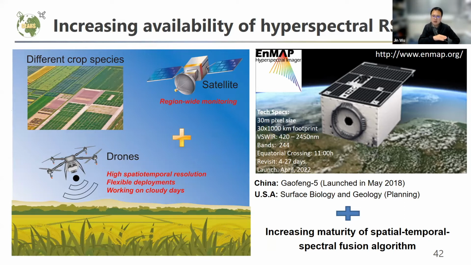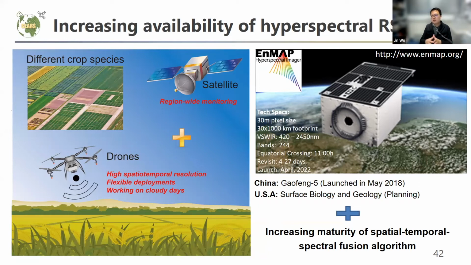But at the same time, over the last few years, we already have some high spatial and also high temporal resolution satellite remote sensing data. For example, satellite data with a 3-meter resolution and daily revisit cycles. But they don't have hyperspectral bands. They only have a few spectral bands. So the spatial, temporal, and spectral fusion algorithm means we can potentially fuse those 3-meter daily images with the hyperspectral images from satellites of the coarser spatial resolution.